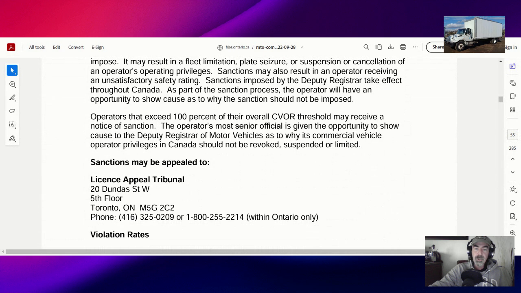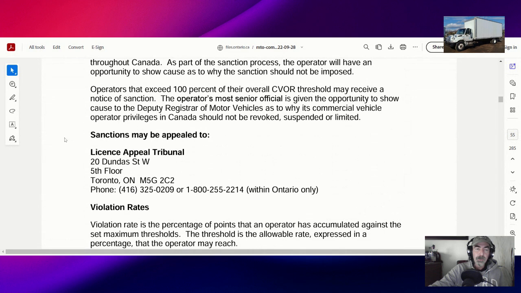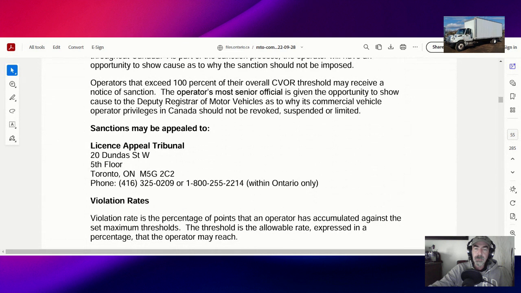As part of the sanction process, the operator will have an opportunity to show cause as to why the sanction should not be imposed. Operators that exceed 100% of their overall CVOR threshold may receive a notice of sanction.